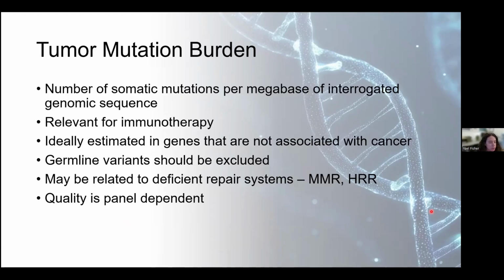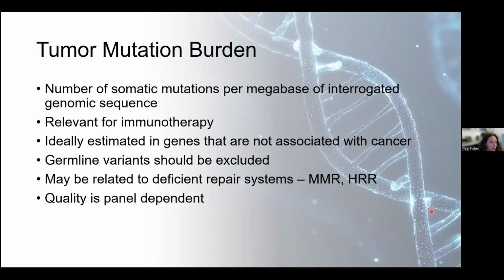So we're just looking at the random variation in the tumor DNA. Of course, if we have any variants that look like they're in the germline, we should exclude these because these are not changes in the tumor. And when we have a high tumor mutation burden, this might be related to deficient repair systems like the MMR or the HRR systems that I will talk about in a minute.